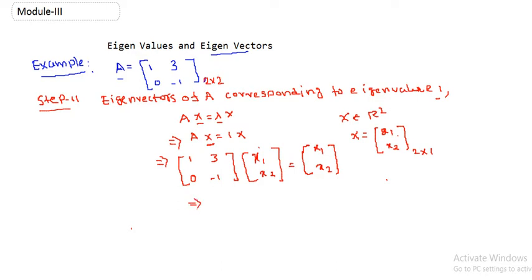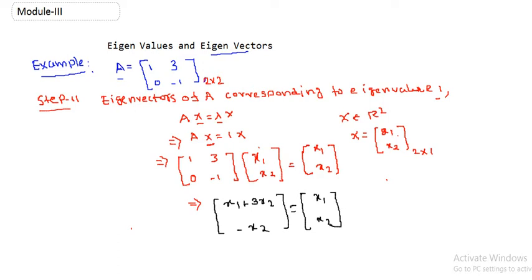After multiplication, we get x1 plus 3 x2, and 0 times x1 is 0, so we get minus x2, which equals [x1, x2].